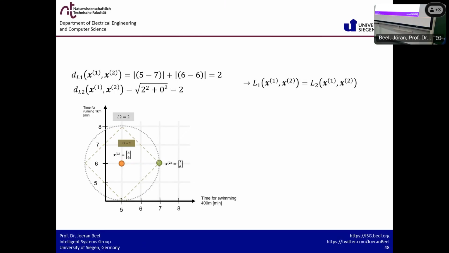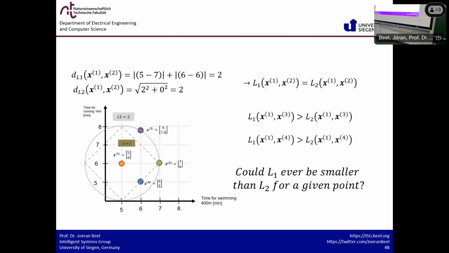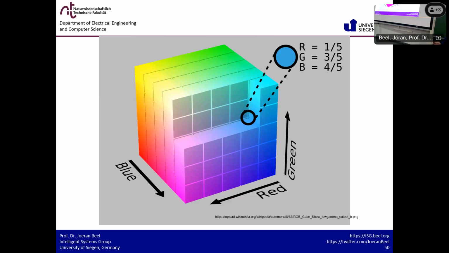The L2 distance can never be smaller than the L1 distance. Does that sound about right? There's just some more examples. So probably not. The L1 distance makes sense intuitively, I believe, when features are very different.